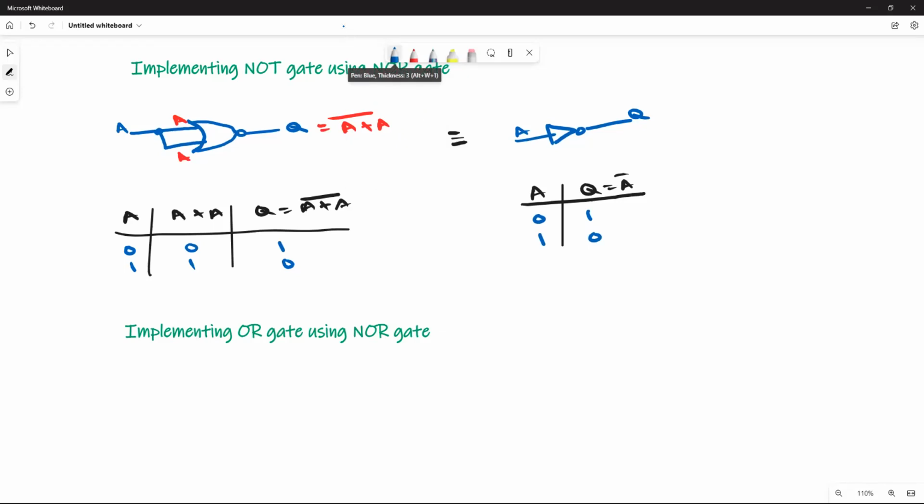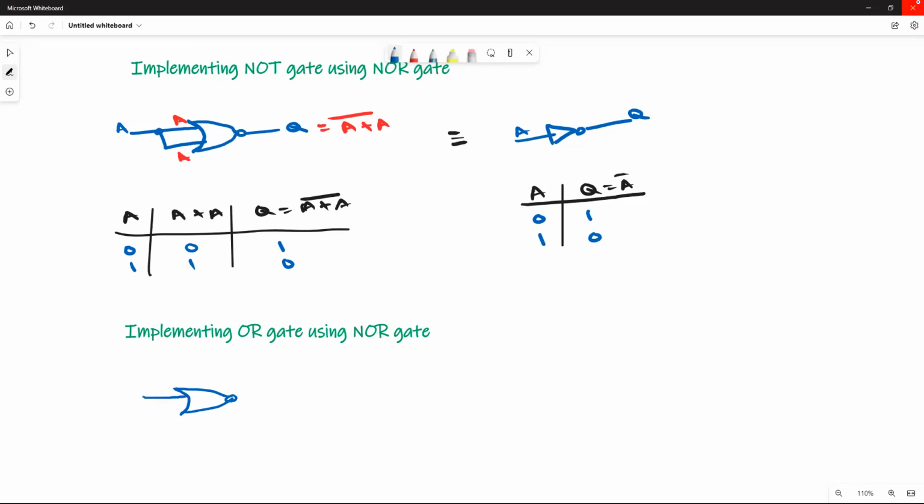First of all we use a NOR gate. We know NOR gate is something like this. We have the OR gate, and this is the NOR gate.